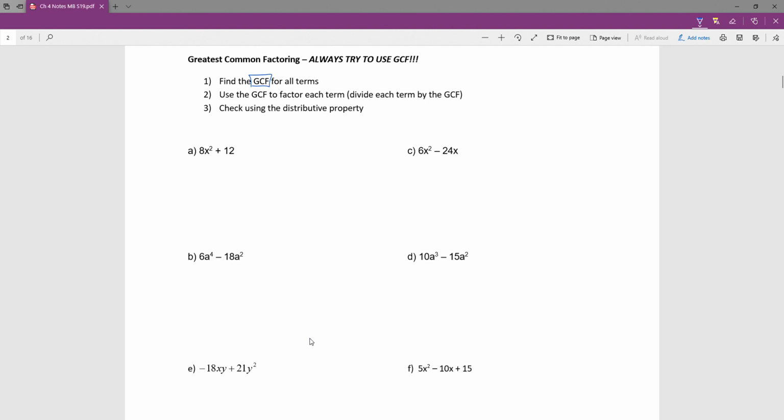So what we were just practicing. Then we're going to use that greatest common factor to factor each term. And what I mean by factor each term is to divide each term by that greatest common factor. So you're going to find the greatest common factor. You're going to write it down. Then you're going to write or put down brackets.